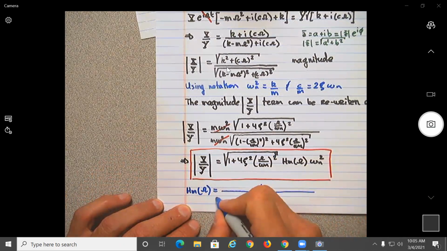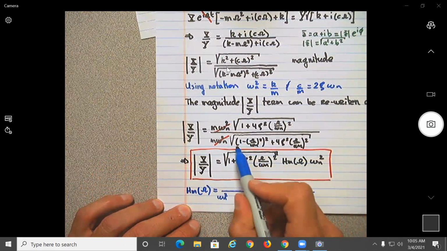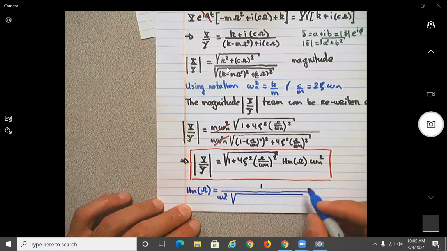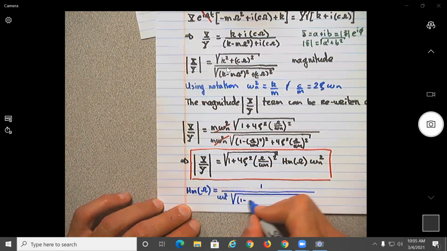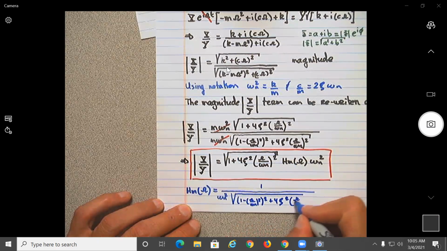So it's 1 divided by omega n square times all this term over here, which is 1 minus omega n square plus 4 c capital omega over omega n squared.